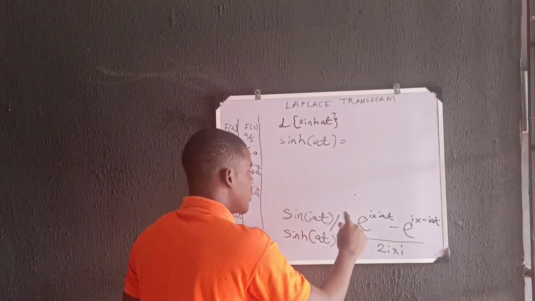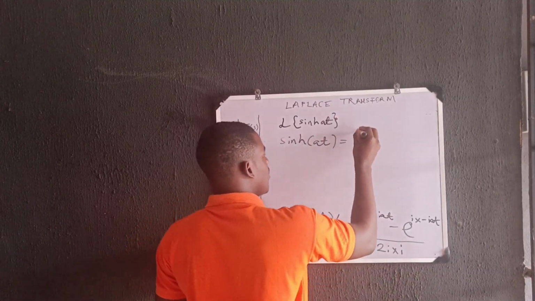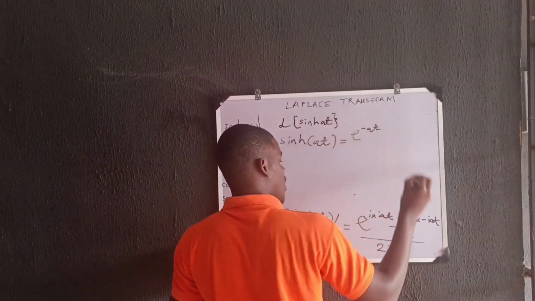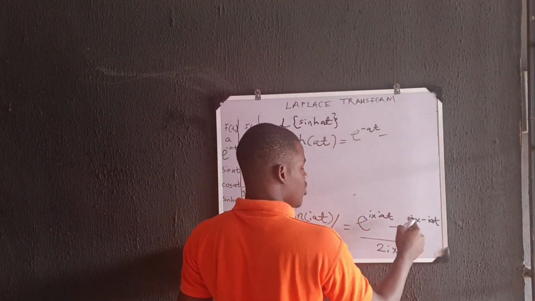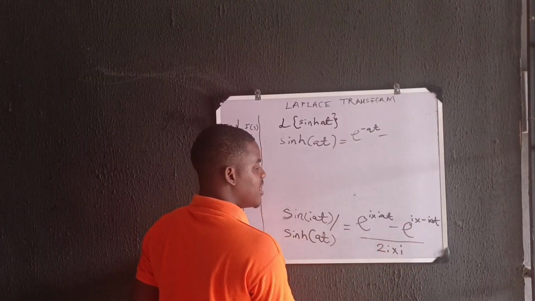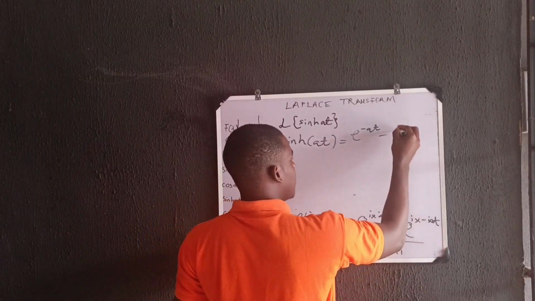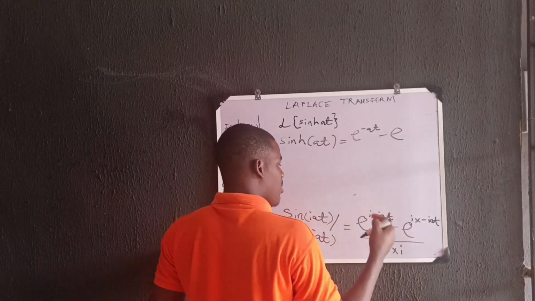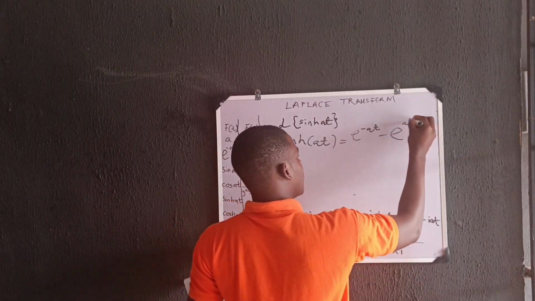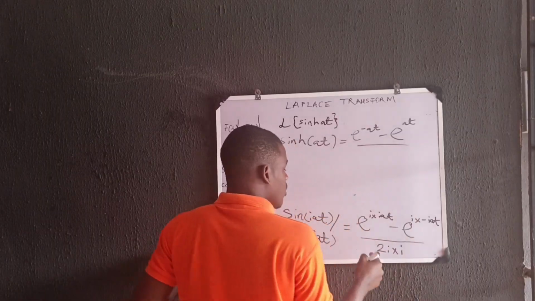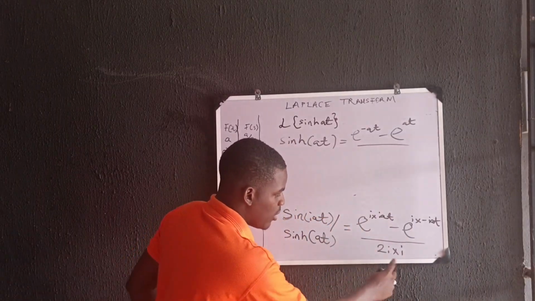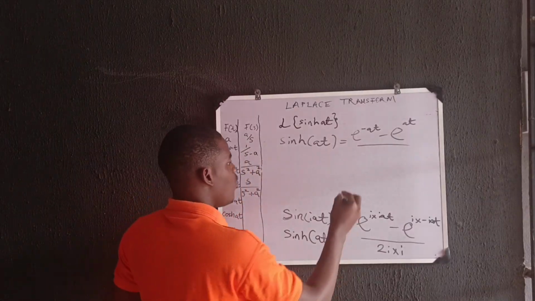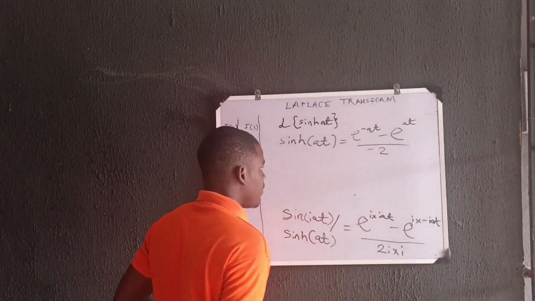So this is going to give us e to the power of negative at, minus, so this would have been e to the power of negative at as well, but there's an extra negative again. So this time around we are going to have e to the power of at, all over 2 times the square root of -1 times the square root of -1, which is -1, all over -2, right?